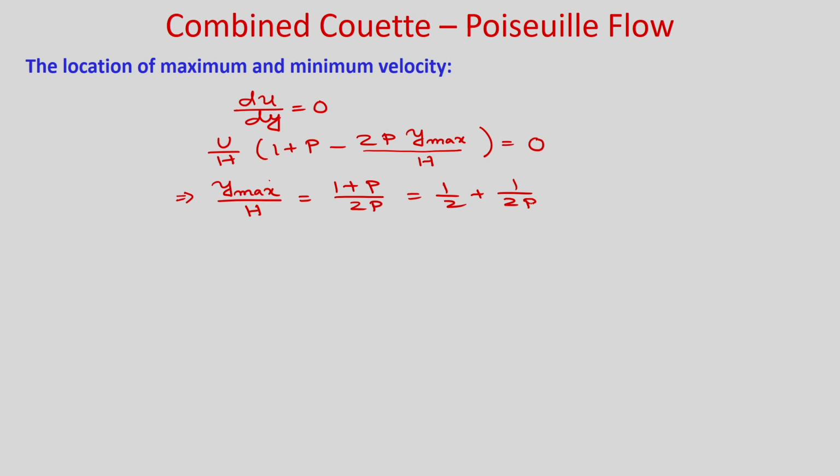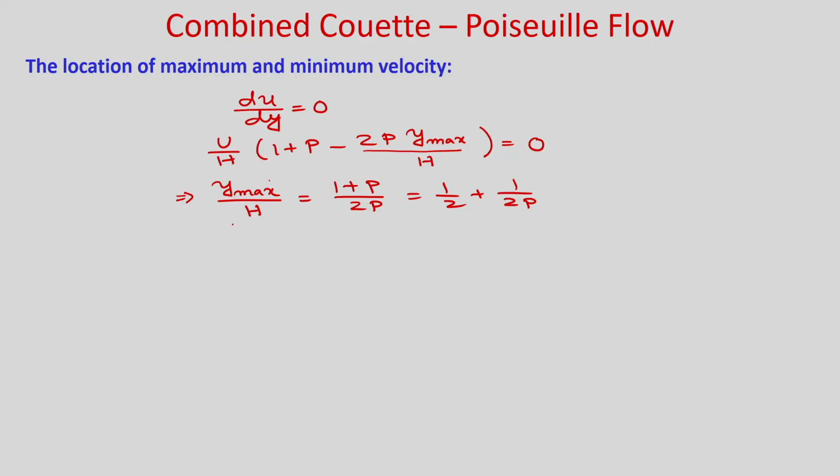Now, if you consider that p is equal to 1, then what will happen? If you put p is equal to 1, then you can see y max by h will be 1. That means, when you vary p from 0 to 1, the maximum velocity will not occur inside the flow domain. Okay. So, always the velocity will be maximum at the plate.